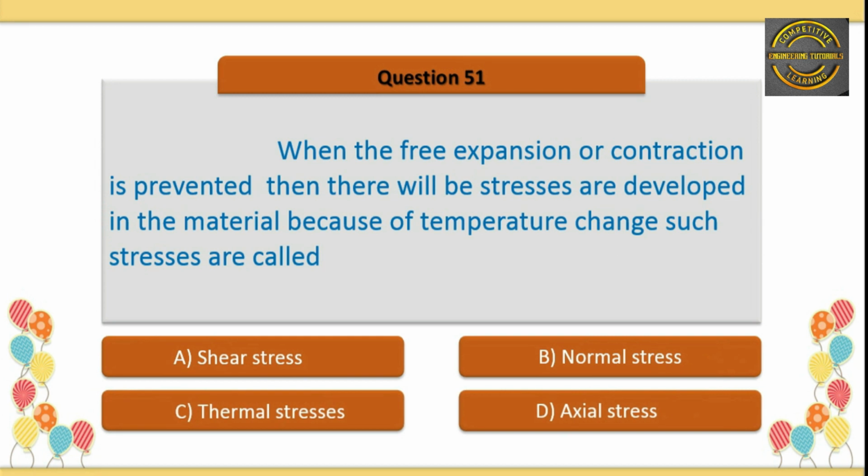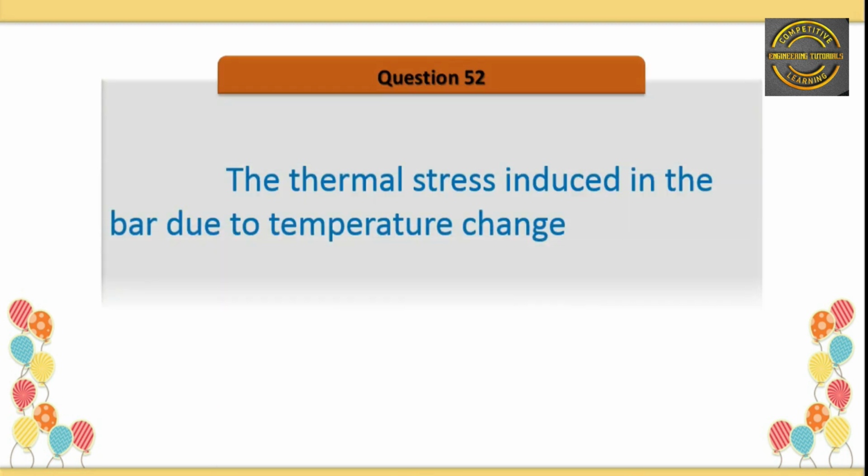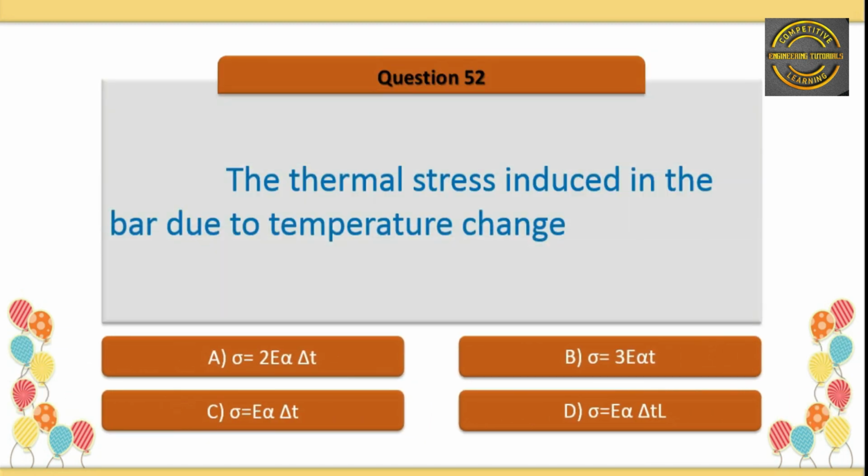Question number 51. When the free expansion or contraction is prevented, then there will be stresses developed in the material because of temperature change. Such stresses are called. Option C is correct. Thermal stresses. Question number 52. The temperature stress induced in the bar due to temperature change.